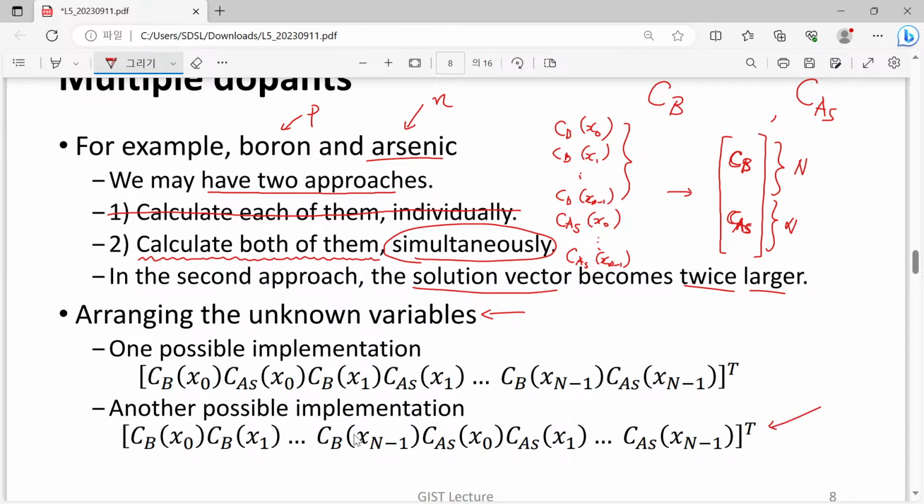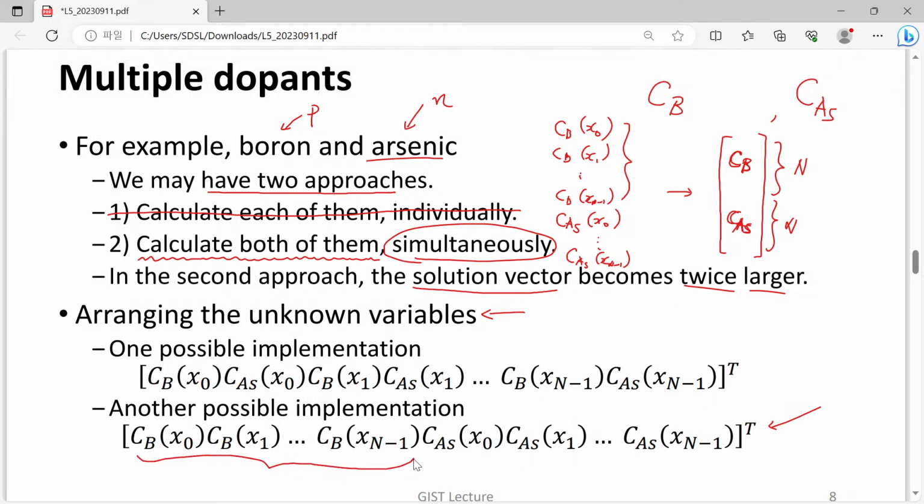This just shows that our solution vector first considers Cb, the boron concentration. After that, the arsenic concentration comes in. It sounds quite reasonable and good, but usually we prefer a position-wise arrangement.